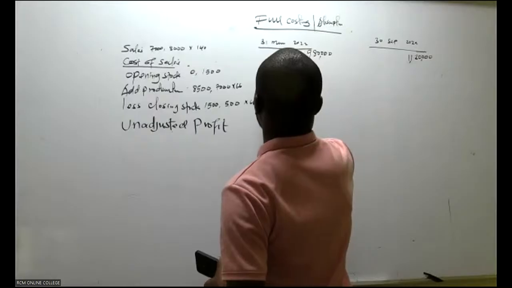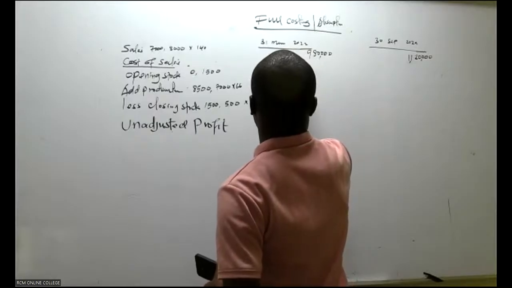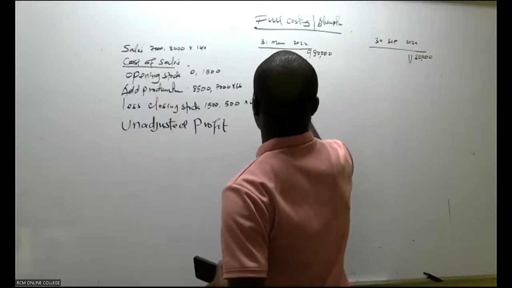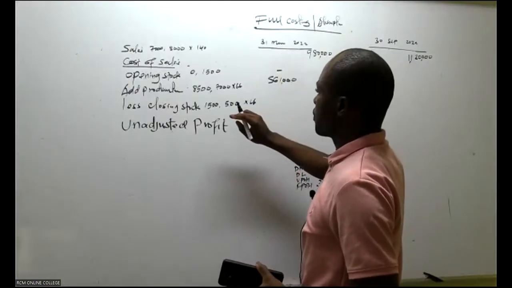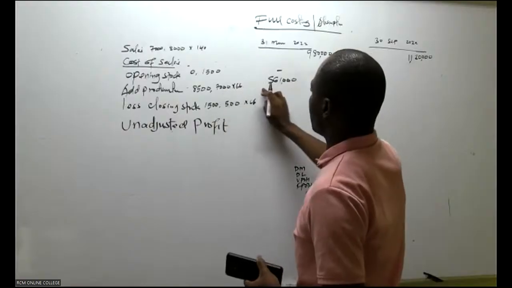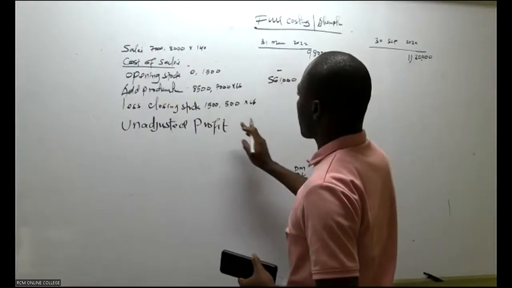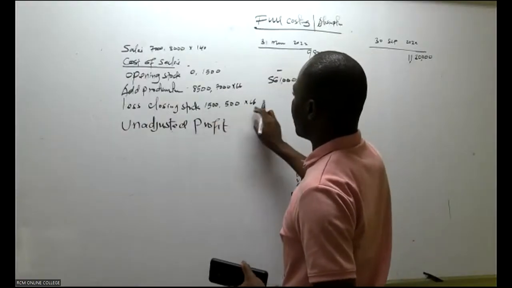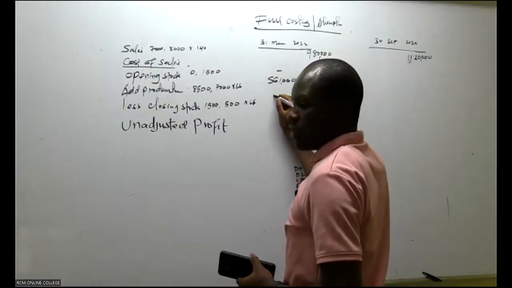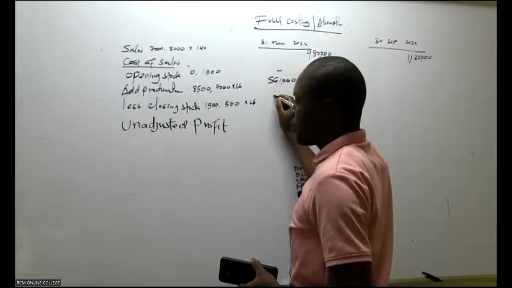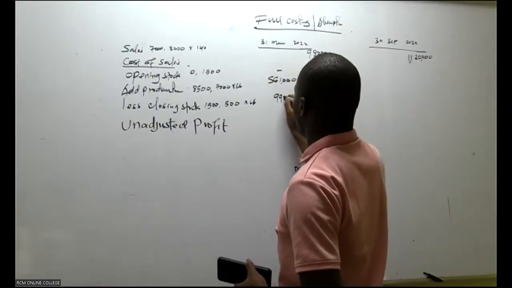Of course, opening is 0. Then I also have 1,500 by 66, which is 99,000.